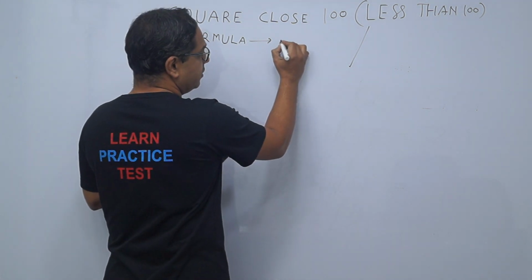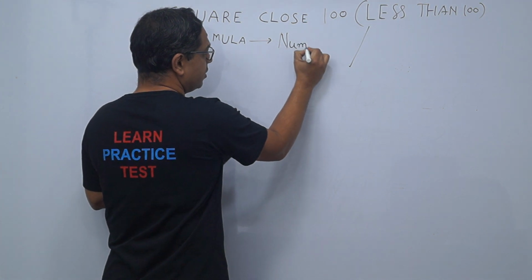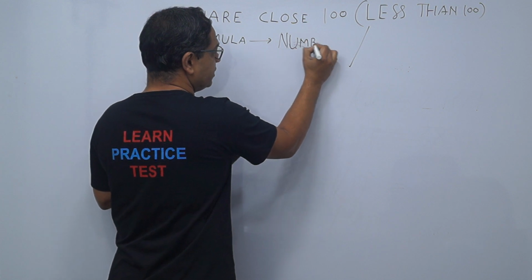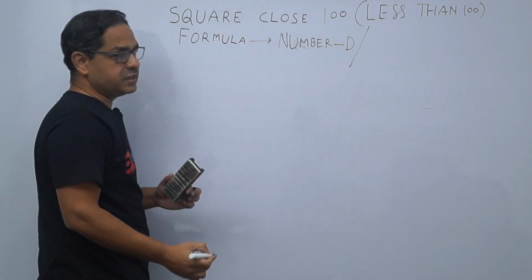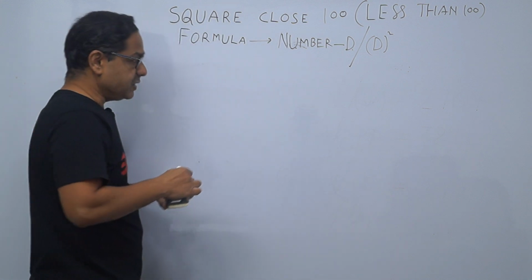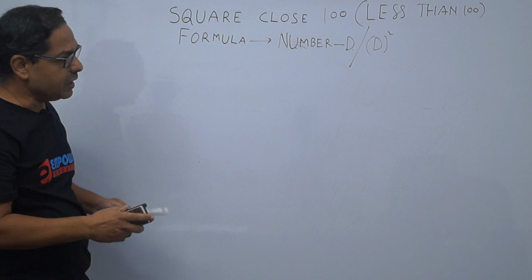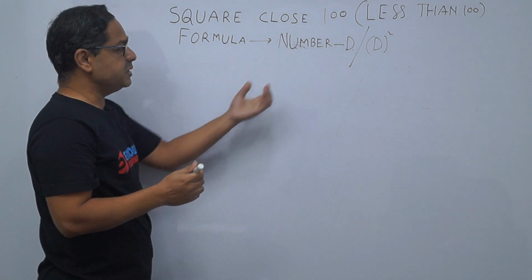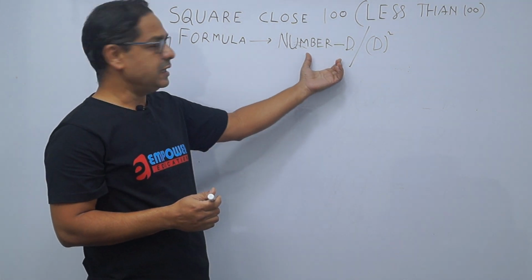On the left hand side we write the number minus the deficiency, and on the right hand side we write the deficiency square. Deficiency means how much the number is less than 100.